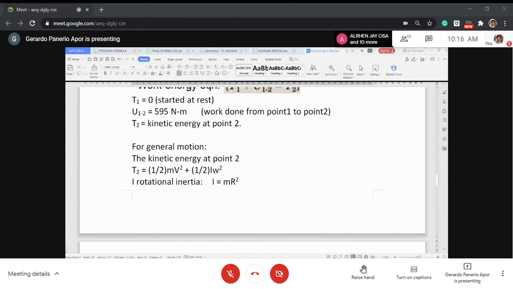The inertia times the square of the angular velocity is the formula for the kinetic energy of a rotating body, while 1/2 mass times velocity squared is the kinetic energy of a translating body. That is why we say general motion. So I will include it here: translation plus rotation. If you add the two, it becomes general.